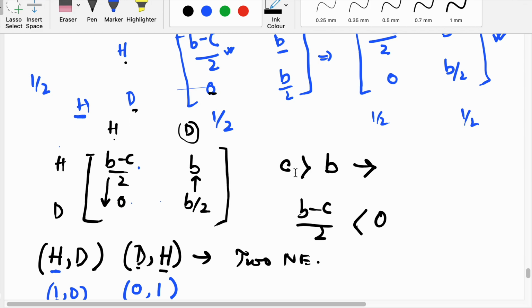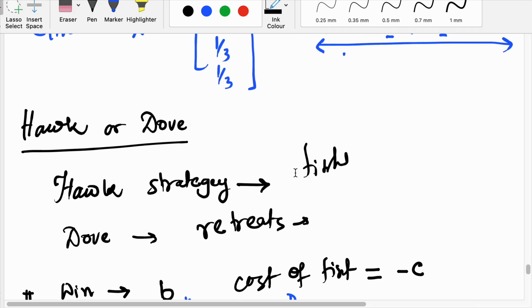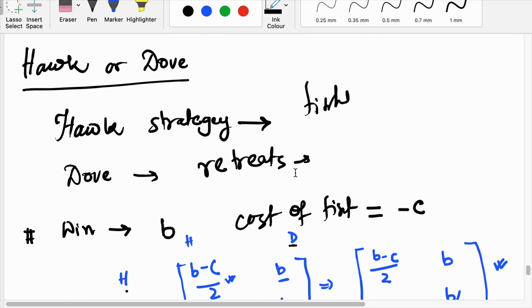Now why is this important in this evolutionary setup? Previously, in nature, you will often see that two animals are not actually escalating the fights. Instead, they will show their strength.